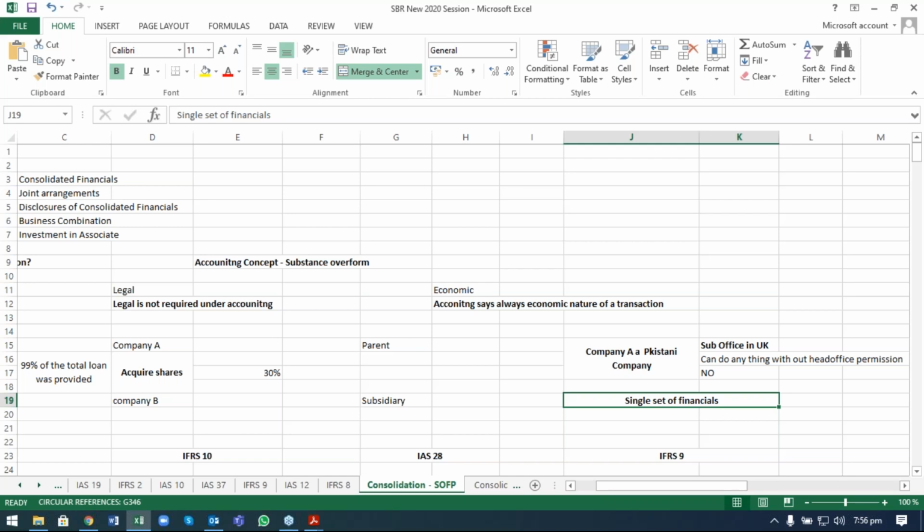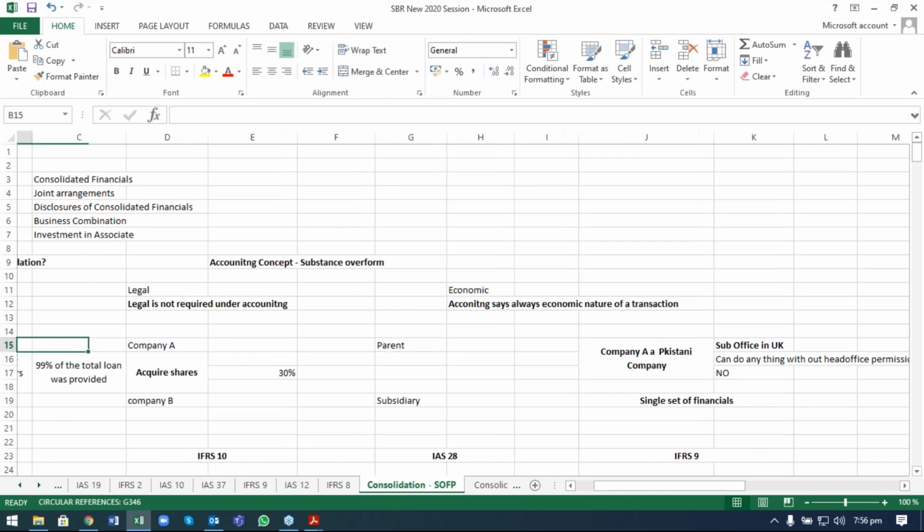The company is required to provide a single set of financial statements, provided by the head office. If the head office is in Pakistan, it must be reported by the Pakistani company, and if the head office is situated in the UK, then the UK company must provide a single set of financial statements. Why? Because the head office is actually controlling the sub office.